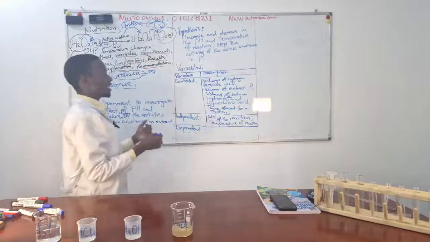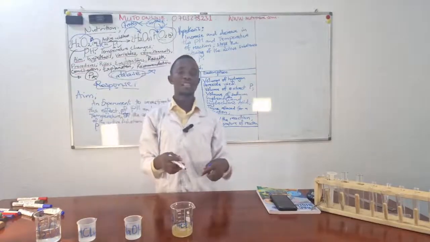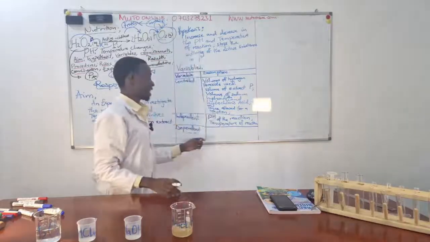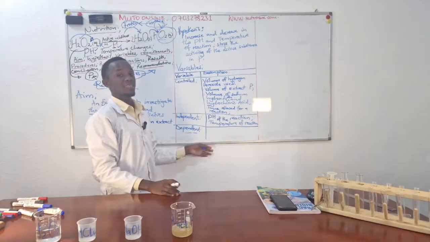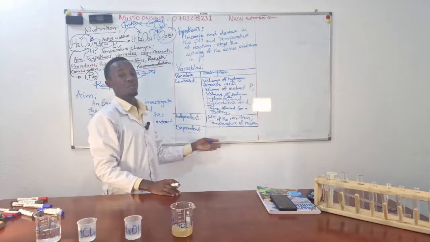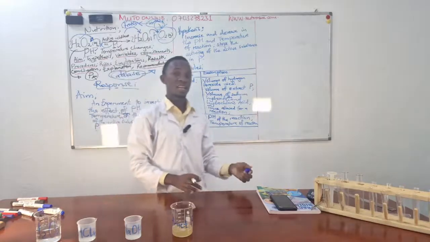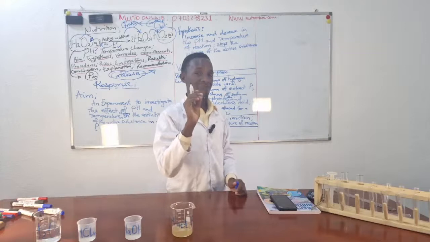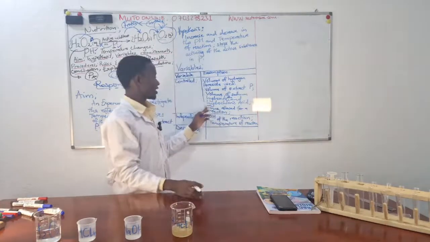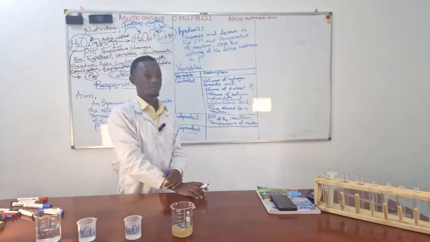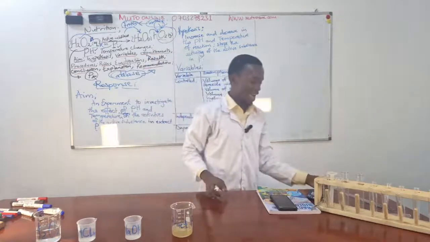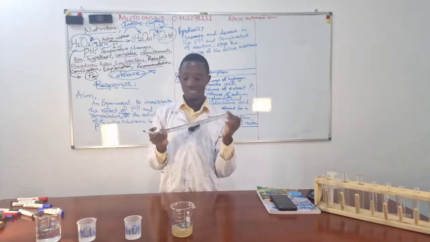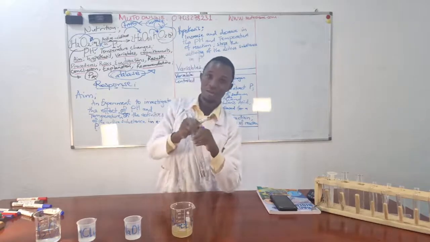So, if we don't want to give predictable results, for example stating many bubbles, few bubbles, we may decide to measure the length of the froth formed after a certain amount of time, because we brought in time. So in my experiment, I'm going to measure the length of froth formed after a given period of time.